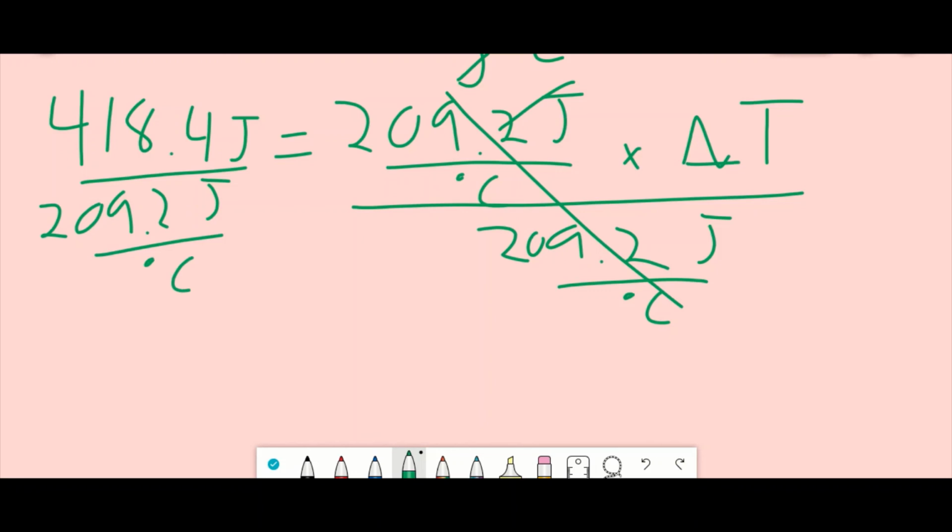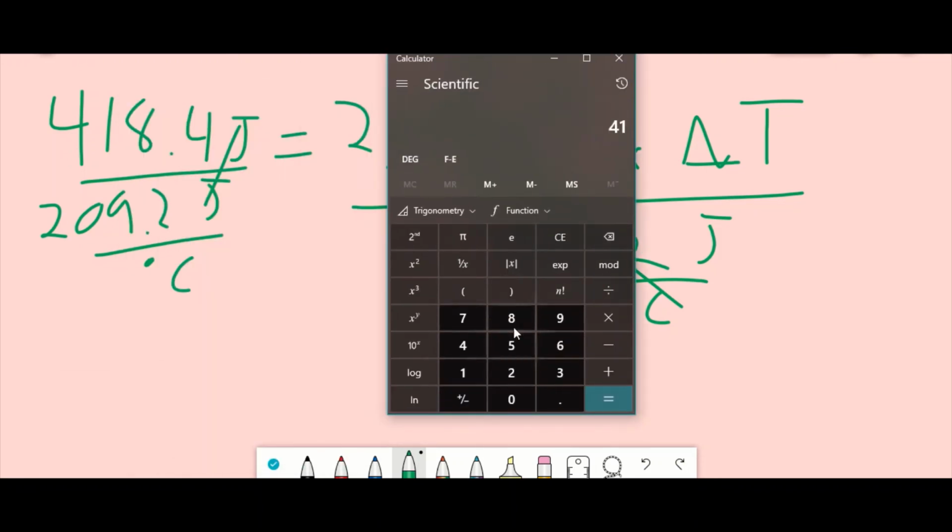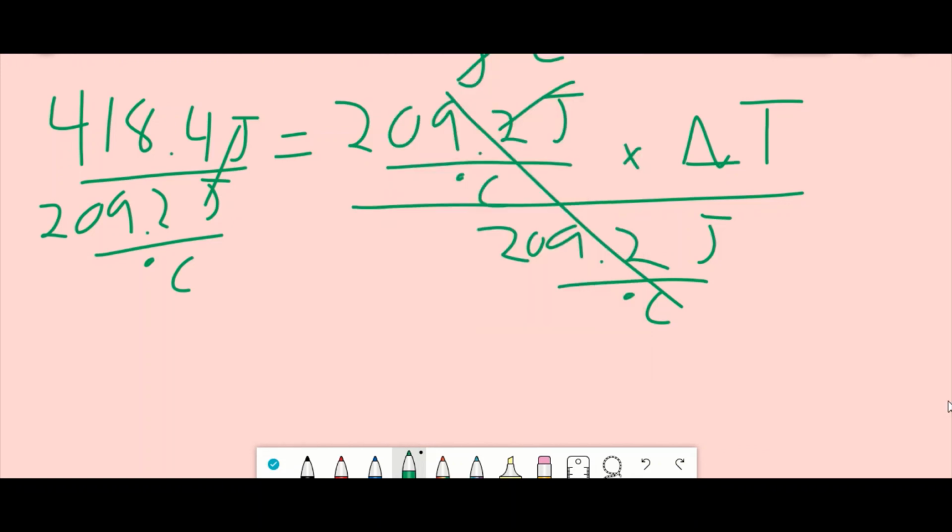The joules and the joules cross out, and when you divide by a fraction, the degrees Celsius comes to the numerator, so it comes to the top. So we have 418.4 divided by 209.2 is equal to 2. So we have 2 degrees Celsius is equal to our delta T.